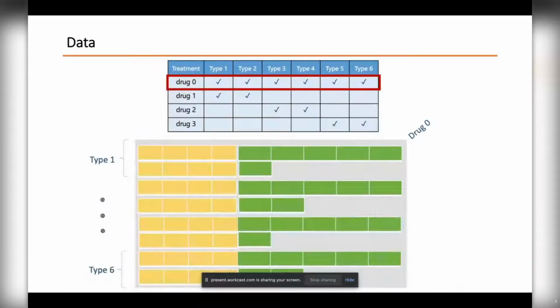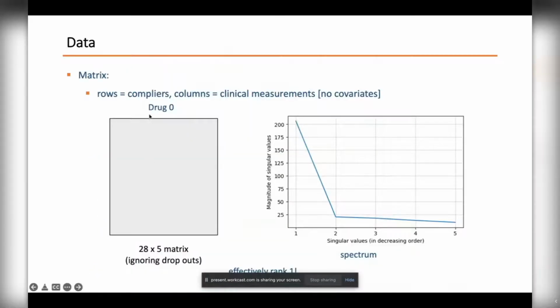Okay, so now let's just look at the first order information in this data. In particular, what I would do is simply look at the matrices, or aspects of matrices, that are filled and try to understand how the spectrum looks. So if I look at a matrix of patients that received drug 0, with rows corresponding to compliers only, and columns corresponding to the 5 measurements I had, I've got a 28 times 5 matrix for drug 0.